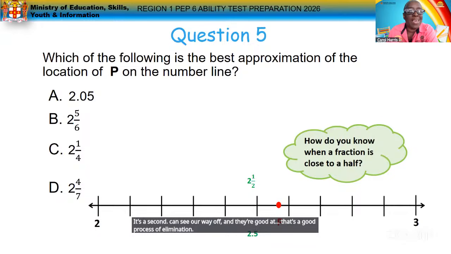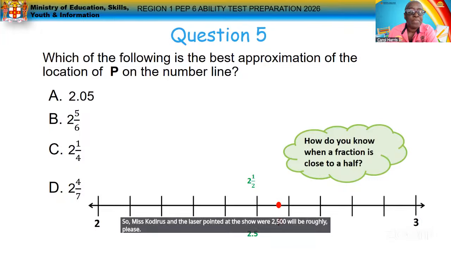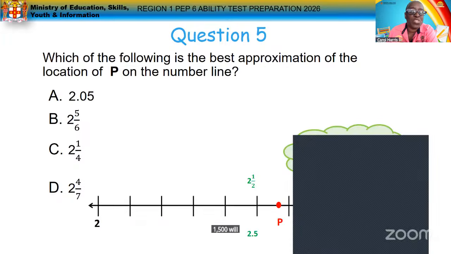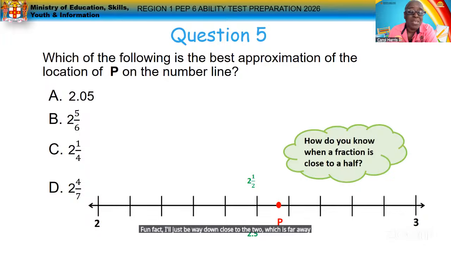Why? Because A, which is 2 5/100, is way down near the 2. The P is far away from that. Miss, could you just use the laser pointer to show where 2 5/100 would be roughly, please? So 2 5/100 would be way down near the 2, which is far away from that P. So that's way off.